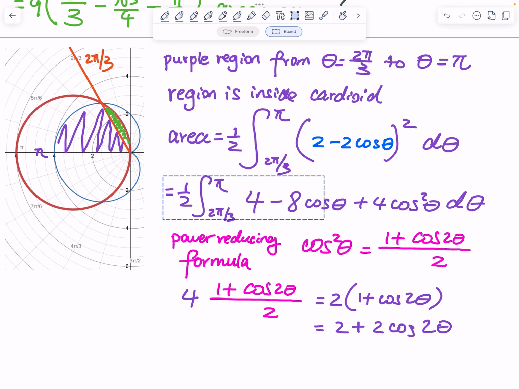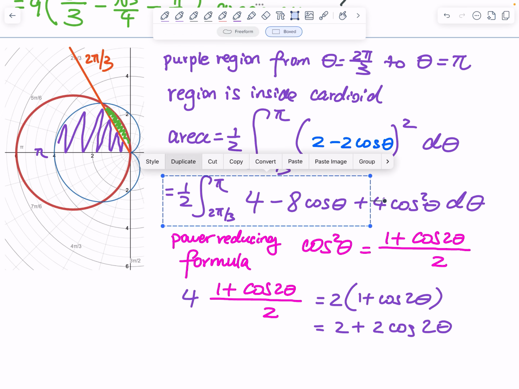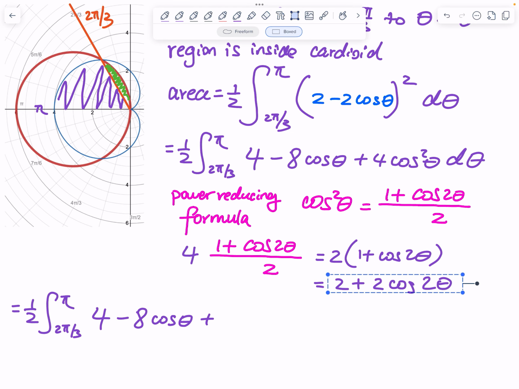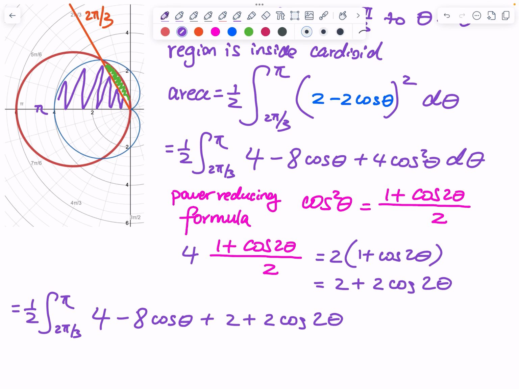Okay, let's put this back into my integral. So I will just duplicate and then put this right here, and then I have a d theta. Okay, what do we get? I have 4 plus 2 equals 6.